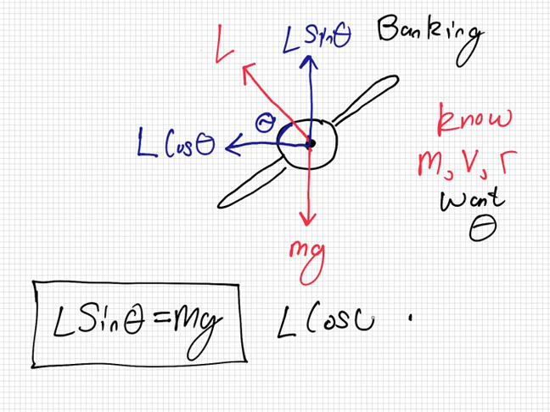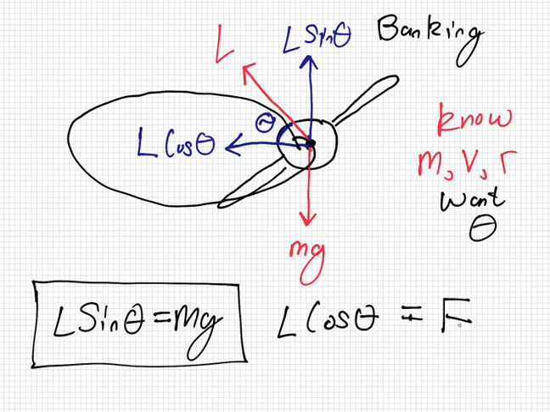Now, what do I know about L cos theta? Not turning force, we don't want to make that mistake again. It's the force that makes it go in a circle. We have two formulas for that. Which one should we use? mv squared over r.